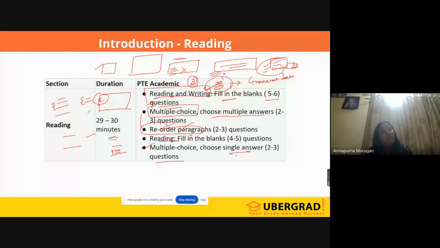Then in reading, again you will have fill in the blanks. In this fill in the blanks, you need to choose the right word. There it was grammatical, but here you need to use the right word that fits your sentence. So this is another type of question. See, it is not just purely reading and answering. You have grammar based reading also.